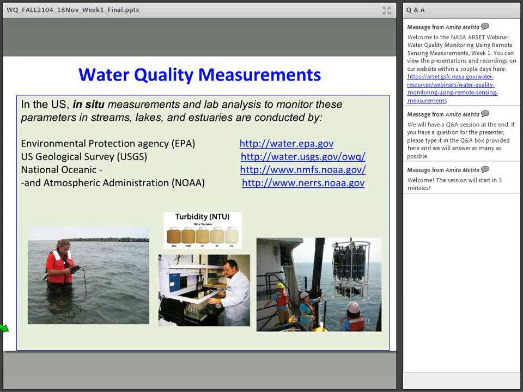So how do we measure water quality? Most of these parameters were traditionally measured or derived from in situ measurements.